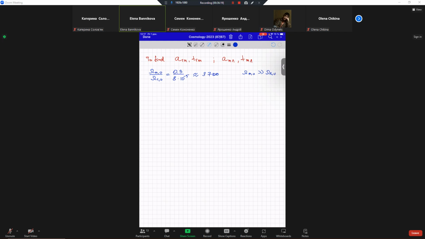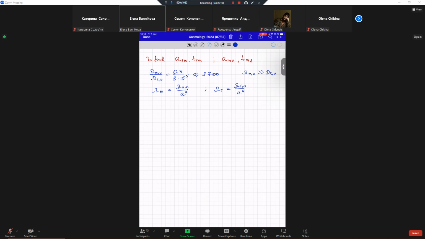If we go into the past, we remember that omega m equals omega m0 divided by a cubed, we found it before, and omega radiation, or relativistic matter, equals omega r0 divided by a to the fourth.